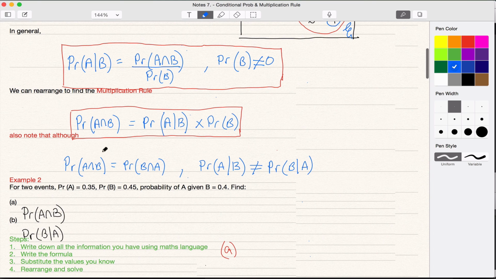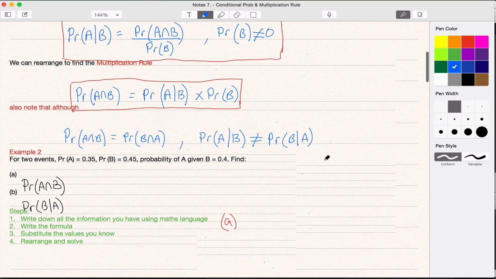Going back to some of our earlier work, you'll remember that probability of A intersect B is exactly the same as the probability of B intersect A. Doesn't matter which order you put A and B in. But when we're doing conditional probability, the probability of A given B is not equal to the probability of B given A. They will be different amounts, so make sure you don't get tripped up by that.